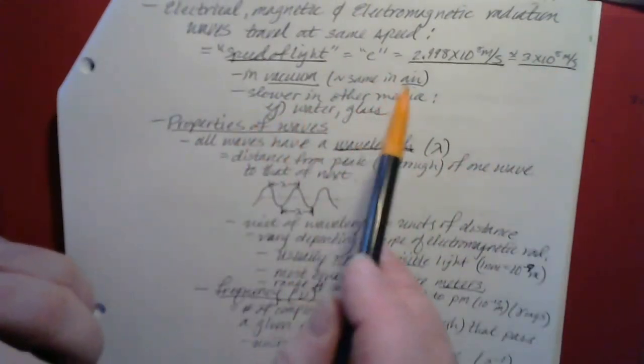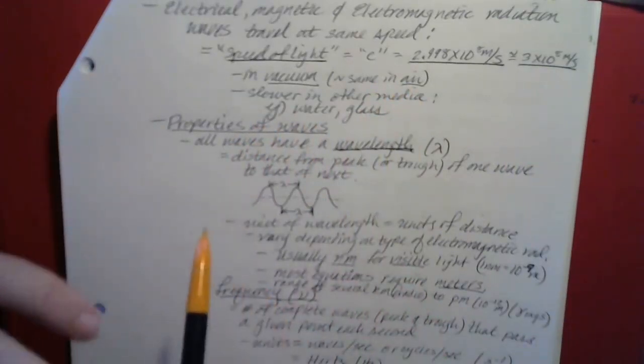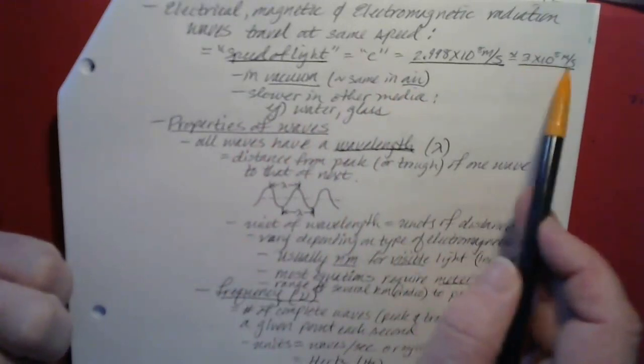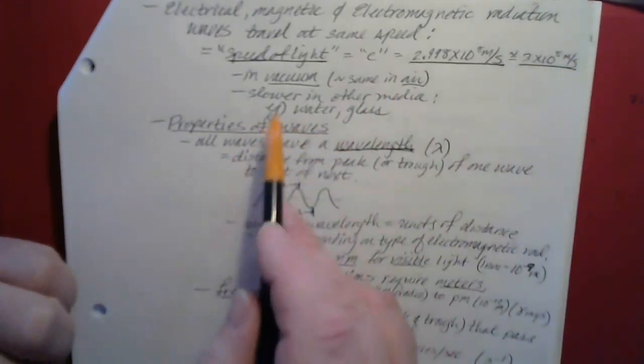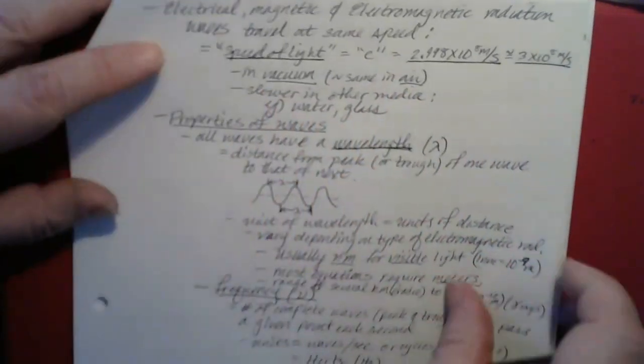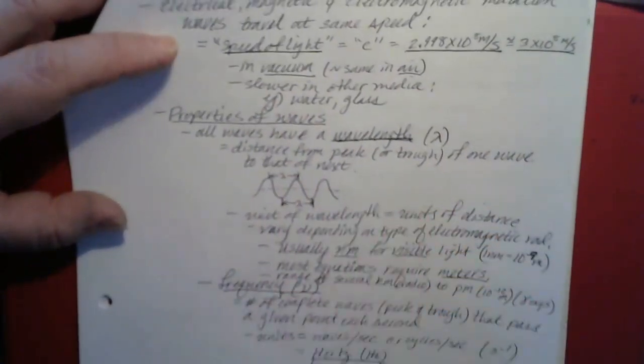If it's traveling through air, which is practically nothing, then it's also 3 times 10 to the 8th meters per second. But if it's traveling through something like water or glass, it'll be quite a bit slower. So the speed of light is a constant depending on what it's traveling through.